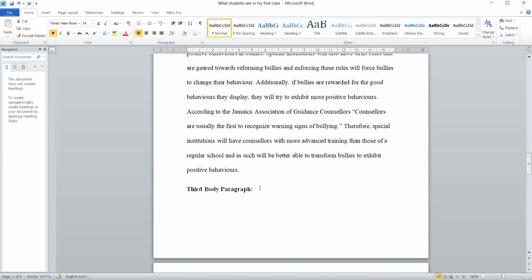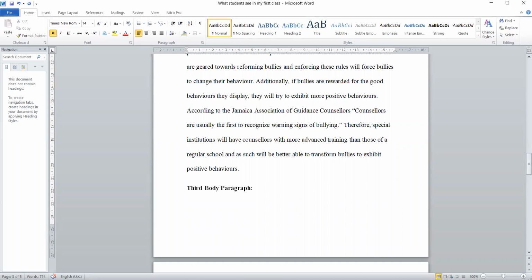All right, so let's start with a transitional word. What transitional word should I use here?